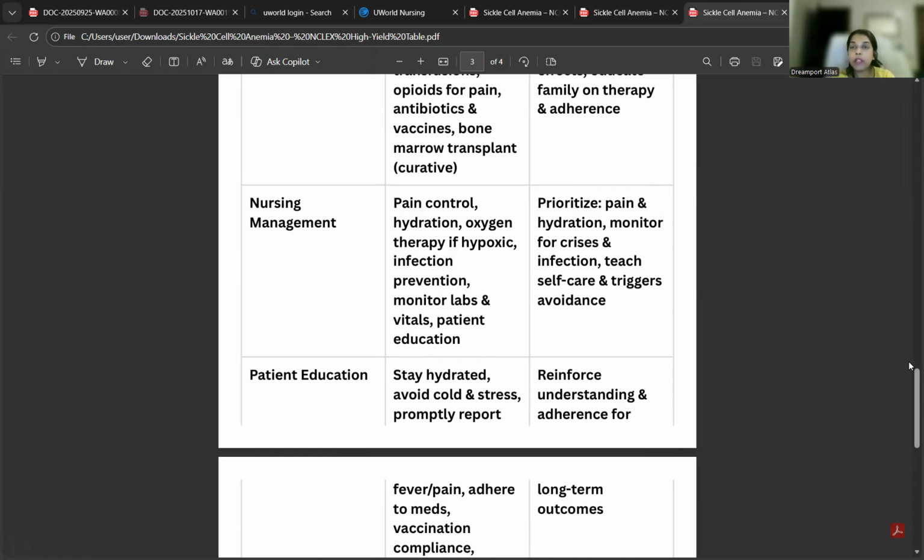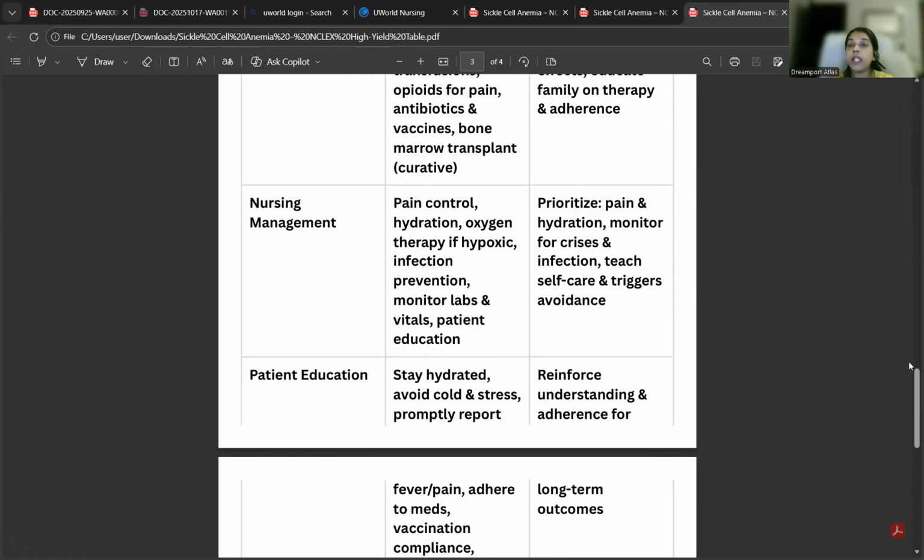Nursing management mainly focuses on this: we know that because of the hypoxia the client will experience severe pain. So the first focus is to manage or control the pain. Second, we need to administer IV fluids to maintain hydration, because dehydration can trigger the sickling of the RBC. Third one, oxygen therapy.